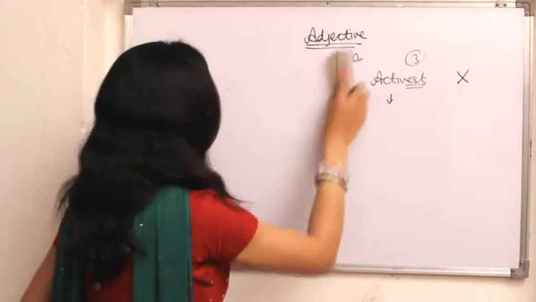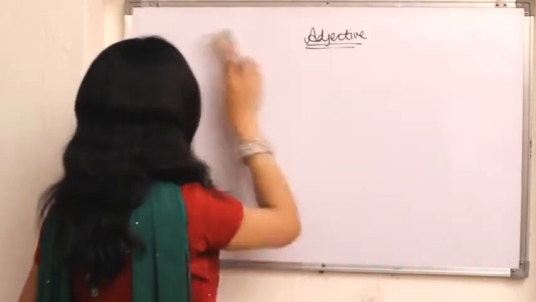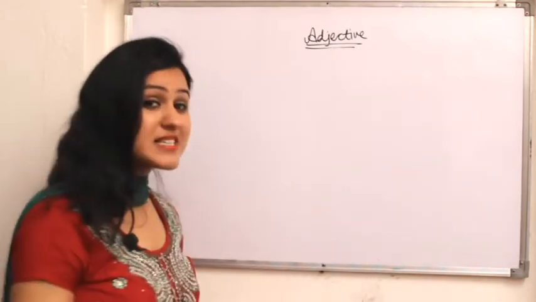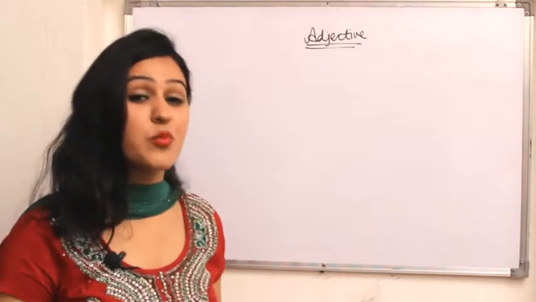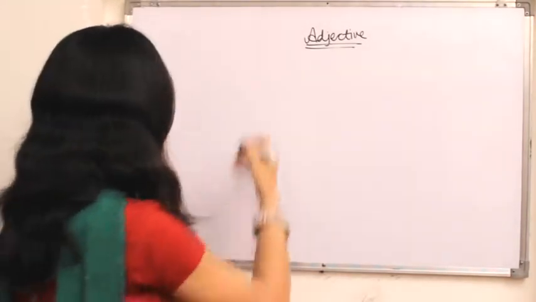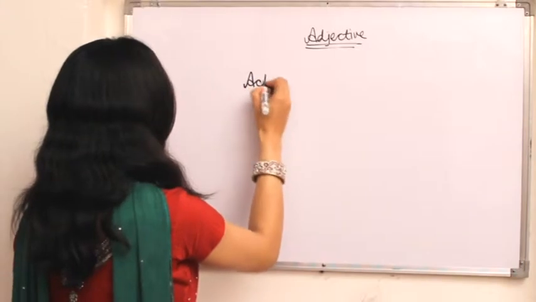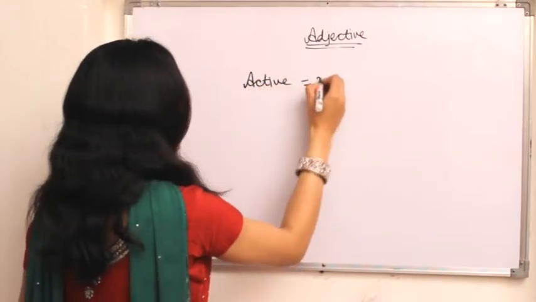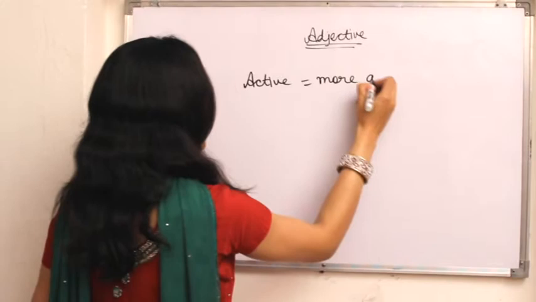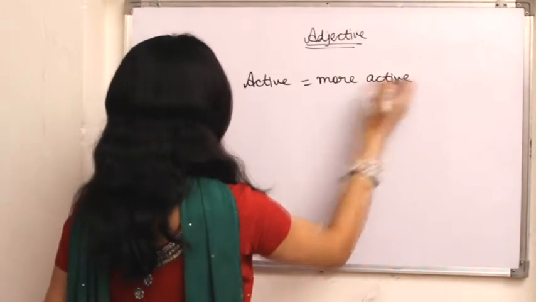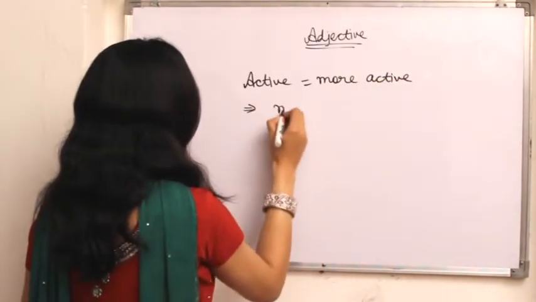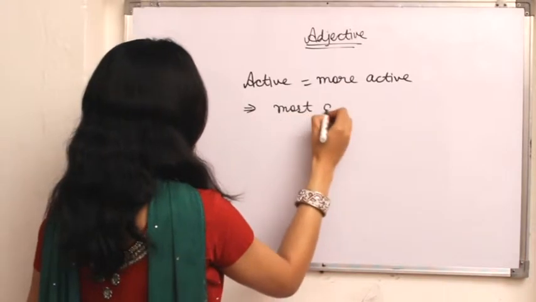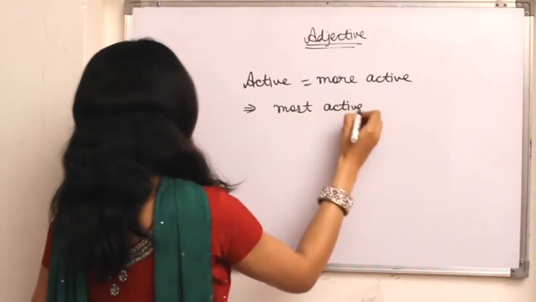So, do you understand now what is superlative degree? So here I write active, more active, and most active.